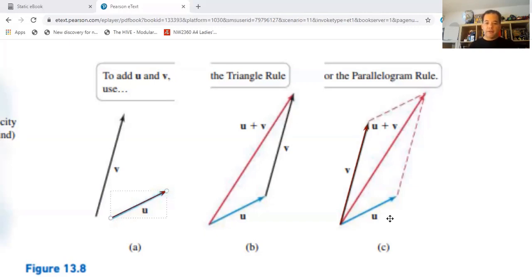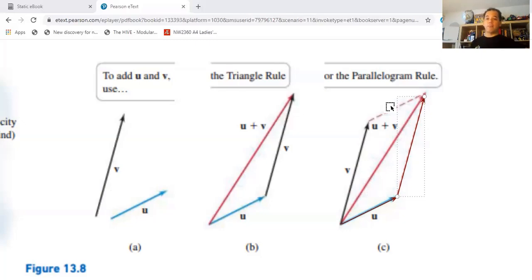Okay, never mind. So you can tell how in this way, if you first do v and then u, you get the same as if you first do u and then you do v, right? The answer is the same. In both ways, you get the endpoint of the big diagonal of the parallelogram, right?